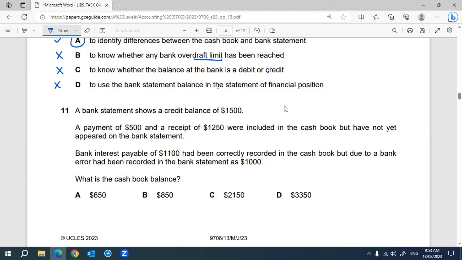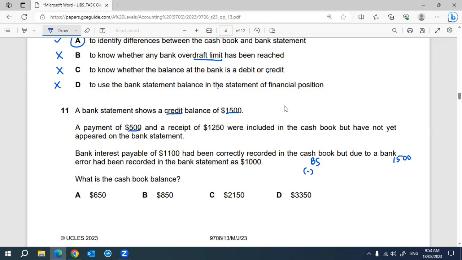So to answer this question, we start off with the bank statement figure that we know, and that is 1,500. Now, since they mentioned that it's credit, it's positive 1,500. Then we need to deduct this 500.